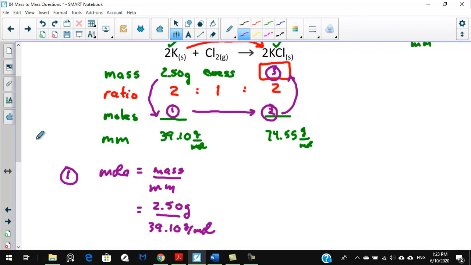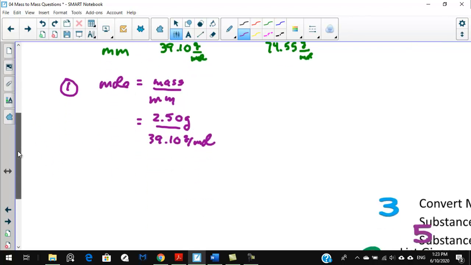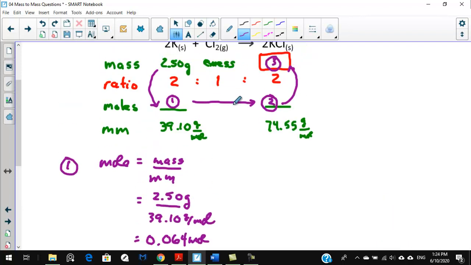And then when we run that through our calculator, we get 0.064 moles. So that's how many moles of potassium we have, 0.064 moles of potassium. Okay, so that fills in box number 1.